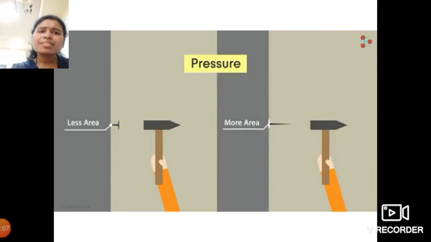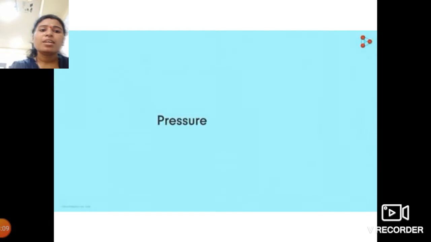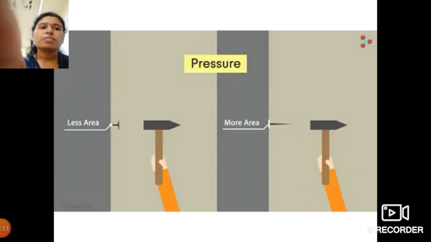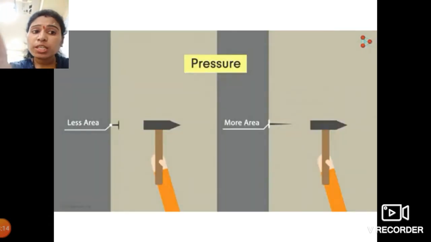So this tells us that the area of the surface on which the force is applied really matters. Again, I repeat, students, this activity tells us that the area of the surface on which the force is applied really matters.